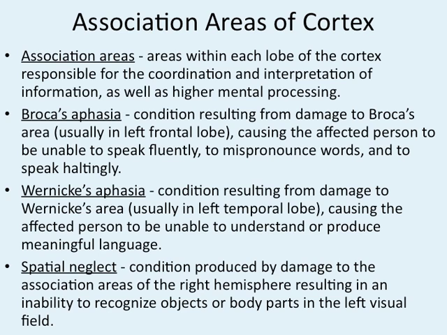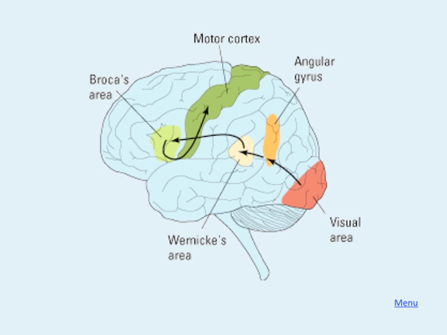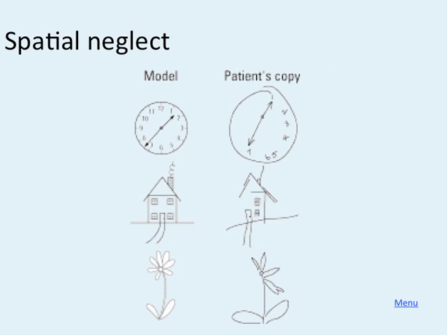And spatial neglect. These are all some major disorders. We're really going to get into these mostly next week, but I just wanted you to be somewhat familiar with what we will be seeing. So, now, Broca's area is located on the side of your brain. Broca's area takes the information and processes it through Wernicke's. We're going to get much more into this in class.